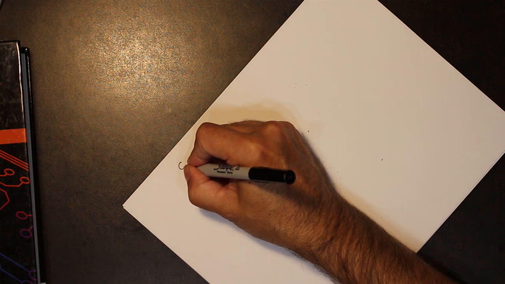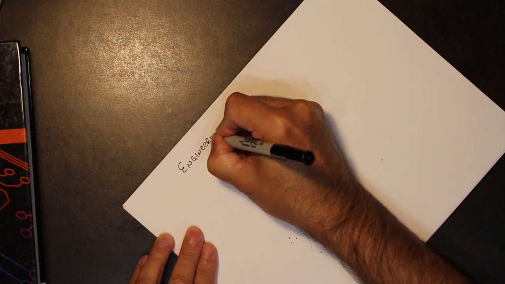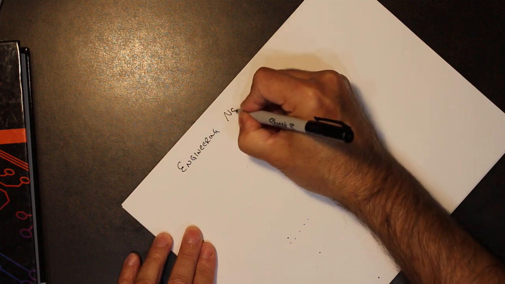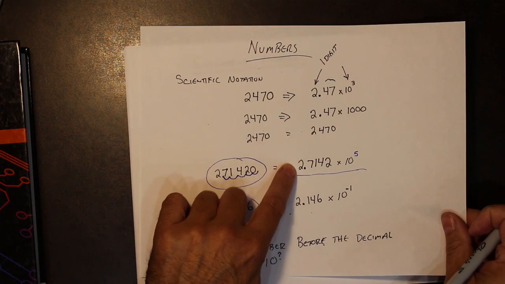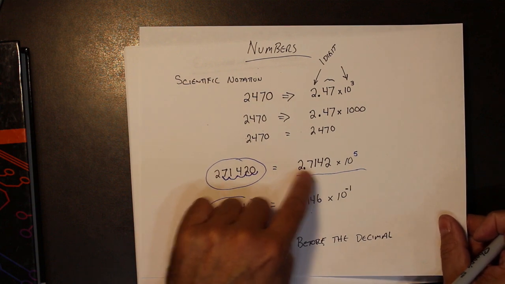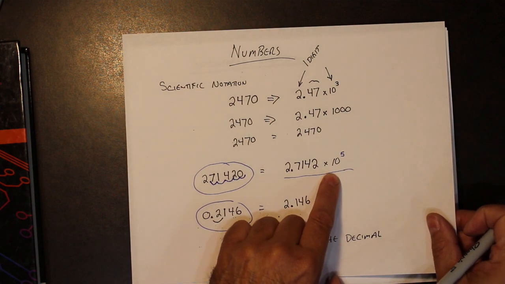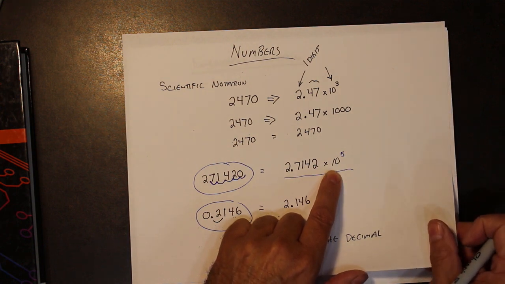So then, what is engineering notation? Scientific notation is one significant digit before the decimal, and then representing the rest of the number as a power of 10, if you will.